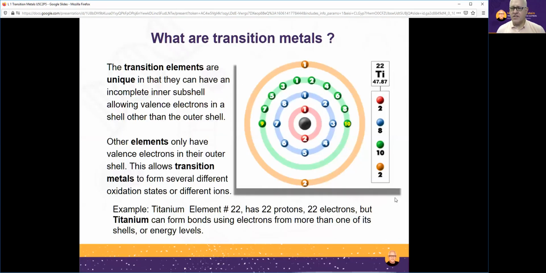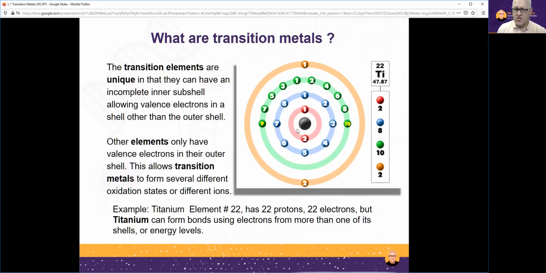So what are transition metals? Well, transition metals are unique in that they can have an incomplete inner subshell, allowing valence electrons in another shell other than the outer shell. Well, that's pretty complicated. But if we take a look at this illustration, we see that we have multiple energy levels, 1, 2, 3, 4 energy levels.